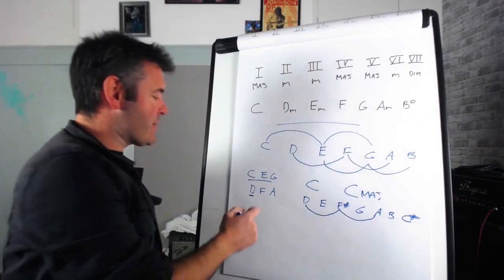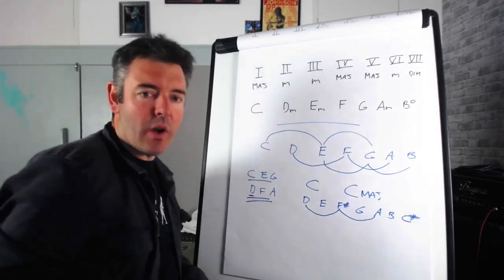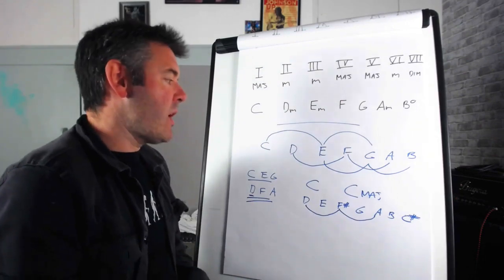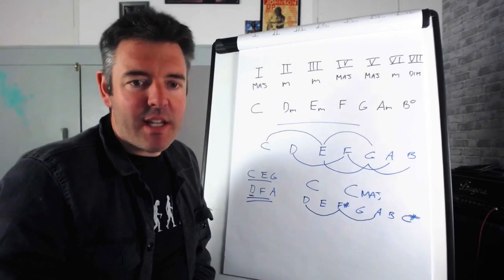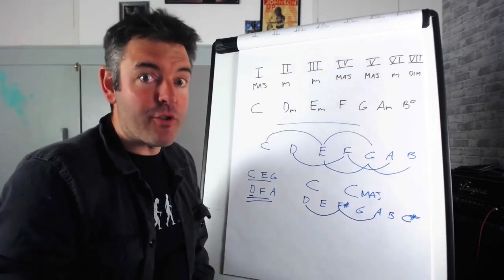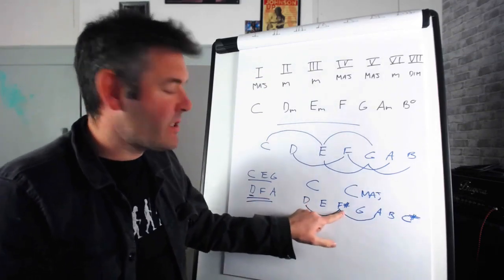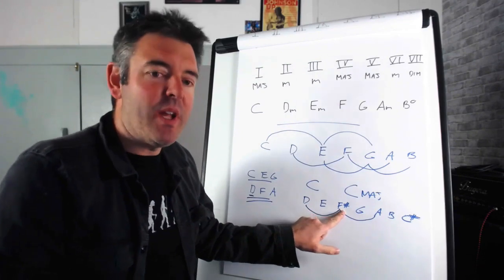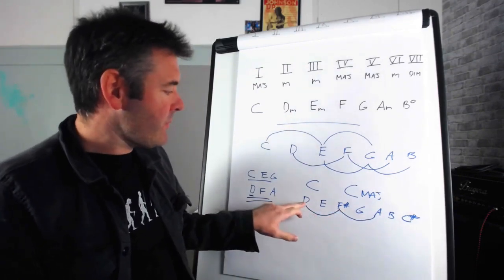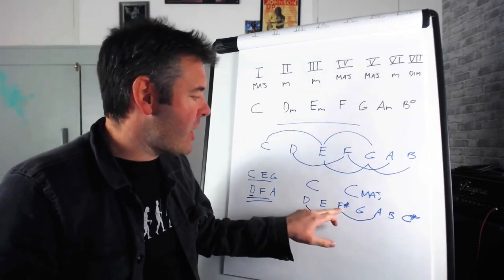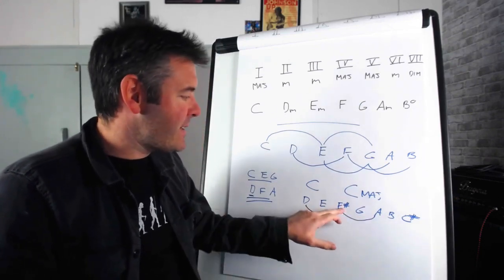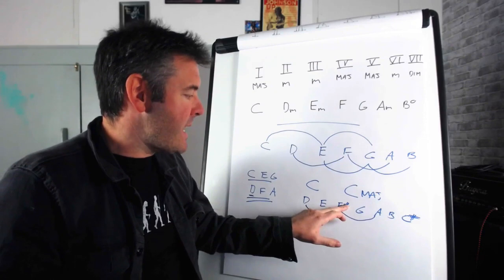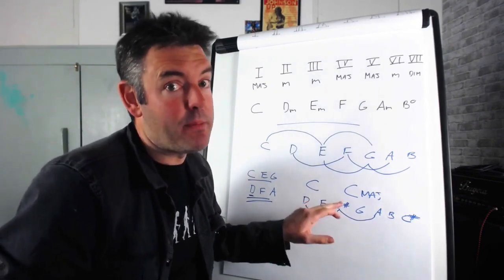Now, you might have noticed already, that is not what we've got here. Let's talk about what a minor triad is. A minor triad is when we take the third of the triad, or the second note that we've added to it, and we flatten it. Now, let's look at this D triad. D, F sharp, and A is a major triad. If we flatten this middle note, the F sharp, it drops down to F and it becomes a minor triad.